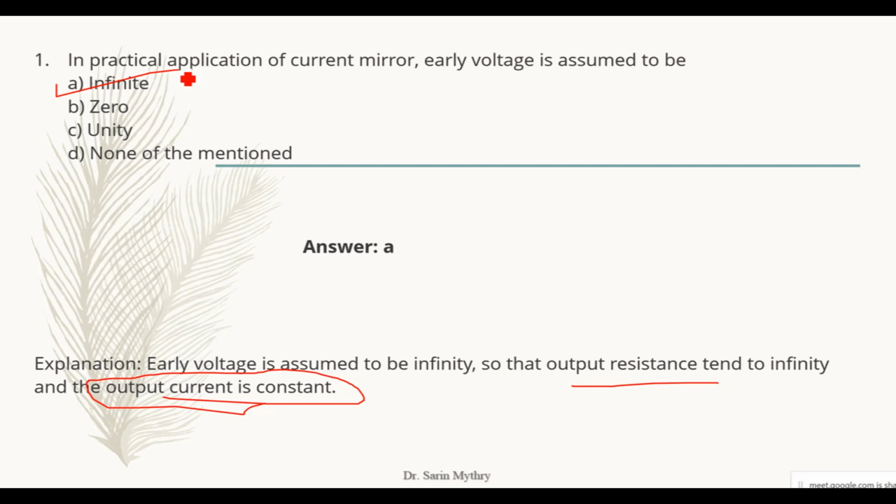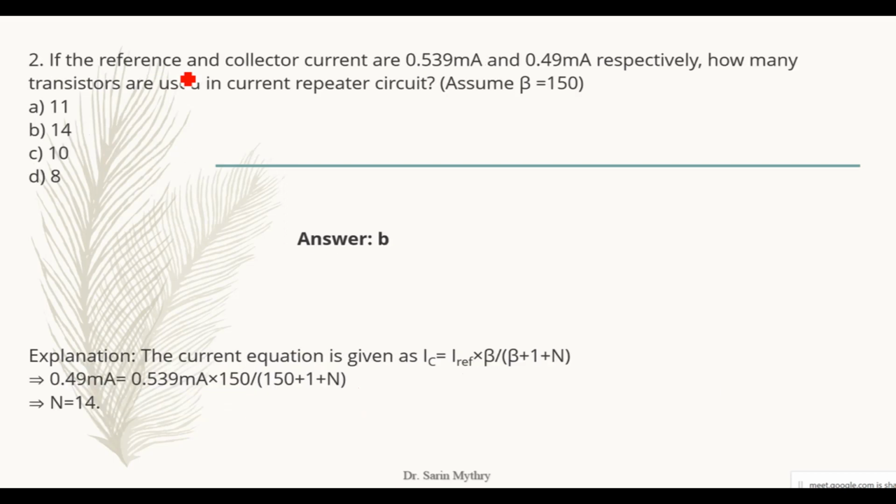So in order to have the validation of the current mirror, your early voltage has to be very high, infinite. Whenever the early voltage is infinite, your output resistance also will be infinite. If the output resistance is infinite, then only the output current is going to be constant. Okay, fine. So your option A is the correct one.